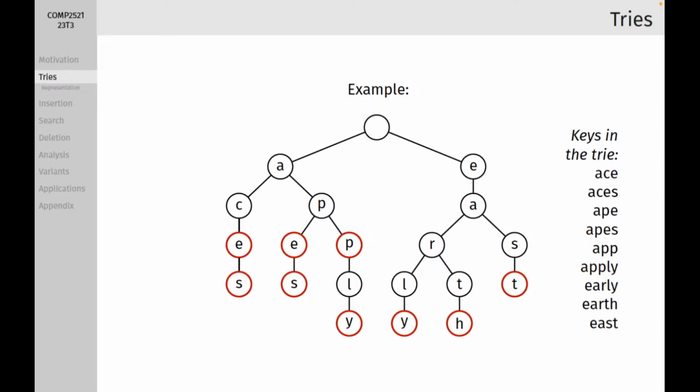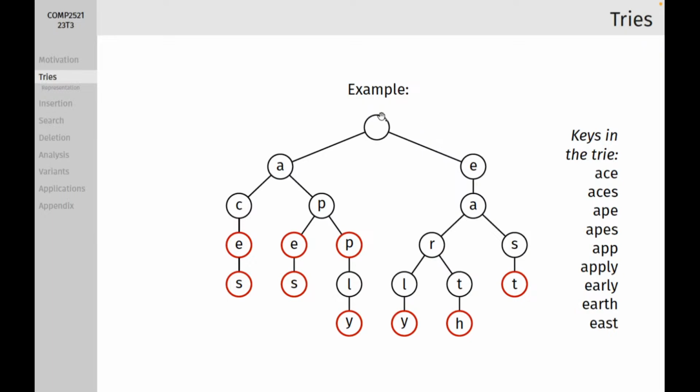Okay, so here is an example of a trie before we get to actually describing more of what it is. You can see that it's a tree data structure. In this case, each node has only one or two children, but in another trie, some nodes could have more than two children.